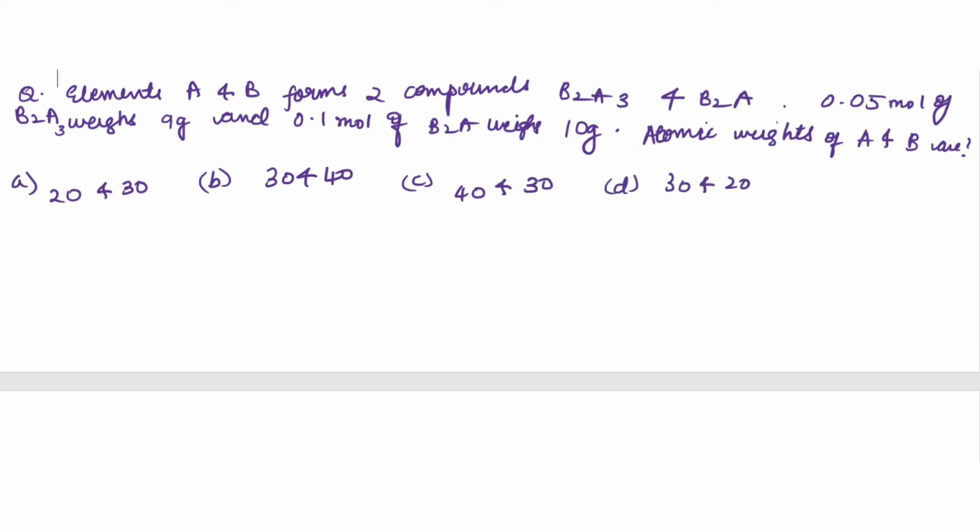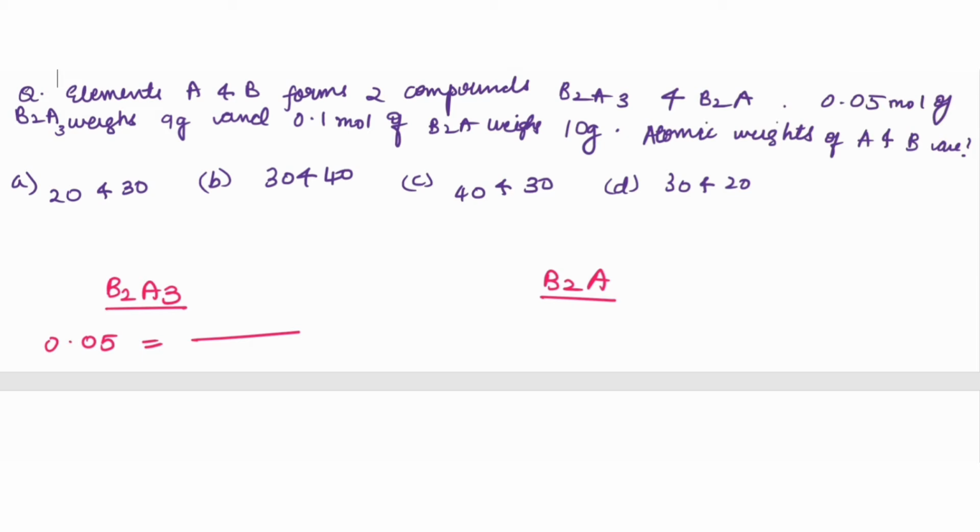So that is the question, and we are given four options. So what do we have? We have two elements A and B. These elements are forming two compounds B2A3 and B2A. They have given that 0.05 mole of B2A3 weighs 9 grams. So the number of moles is given, and the weight is also given.